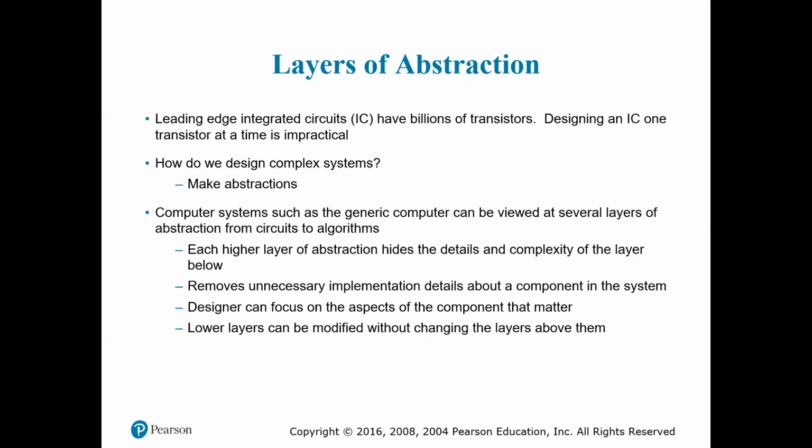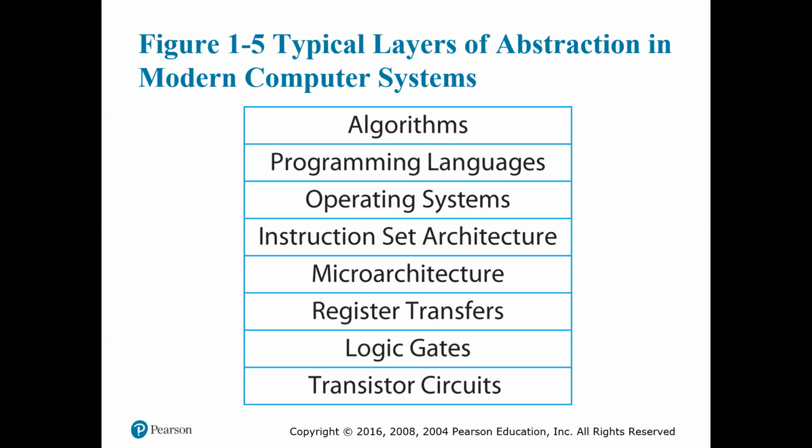Computer systems such as the generic computer can be viewed as several layers of abstraction from circuits to algorithms. Each layer of abstraction hides the details and complexity of the layer below. This removes unnecessary implementation details about a component in the system. That way, the designer can focus on the aspects of the component that matter. Lower layers can be modified without worrying about changing the layers above them.